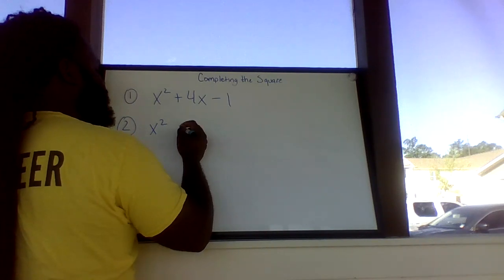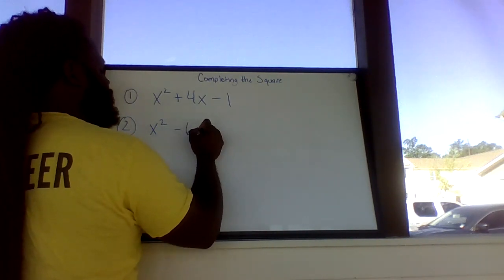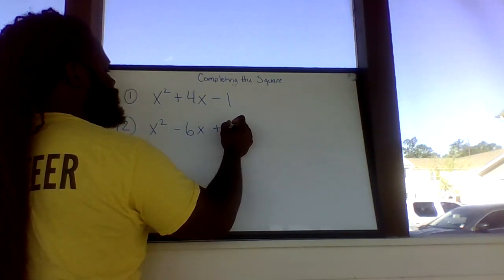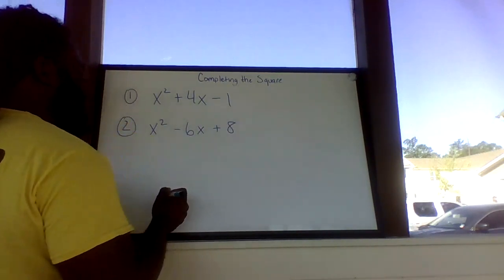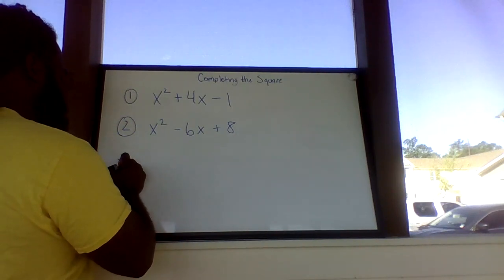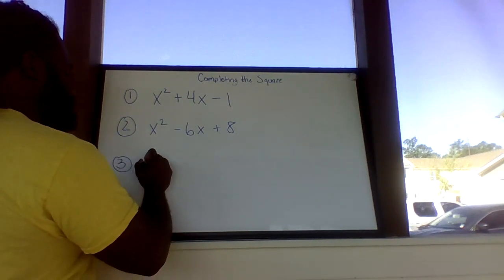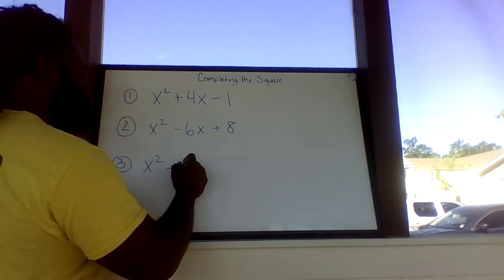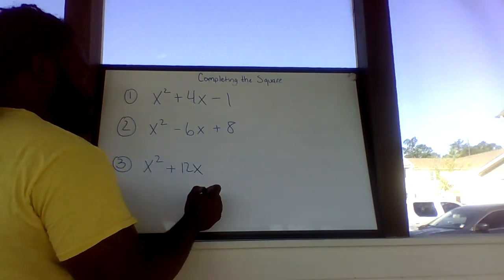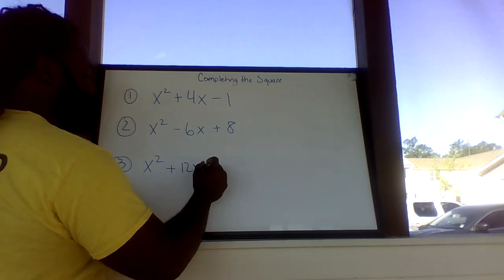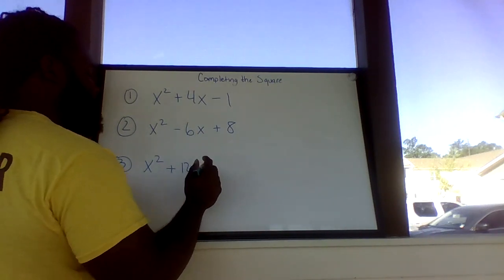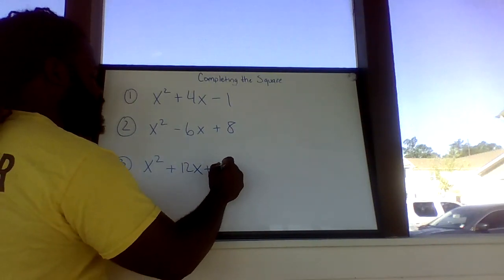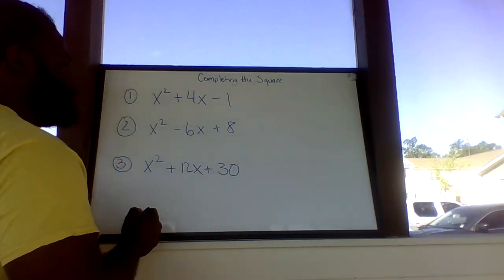Problem 2 would be x squared minus 6x plus 8. Problem 3 would be x squared plus 12x plus 30.